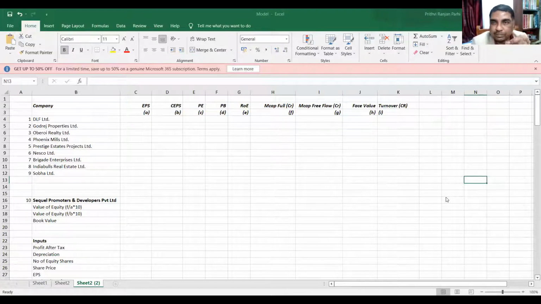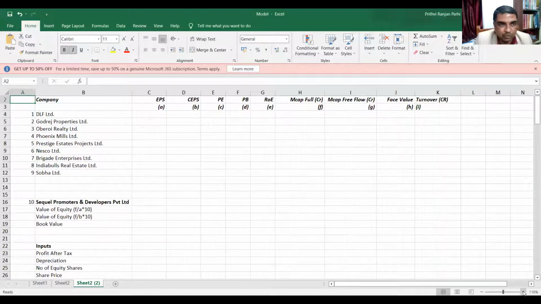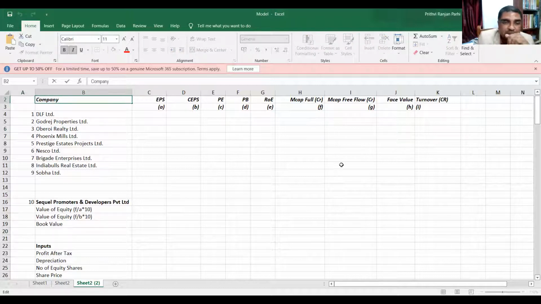Excel file. Okay. Let us say I have selected these 9 companies, and this is in the reality sector. Let me increase it a little. Are you able to see it clearly? All of them are in the reality sector.